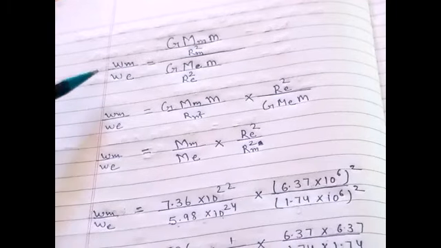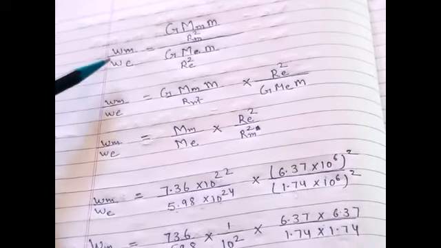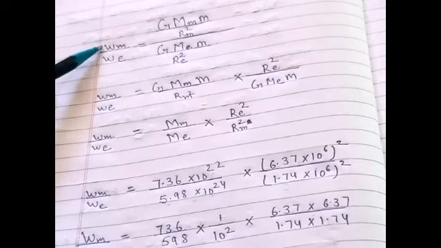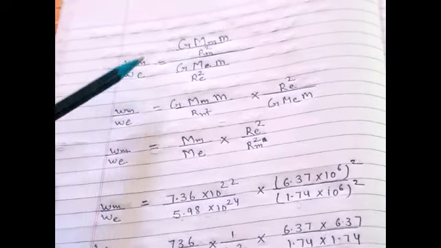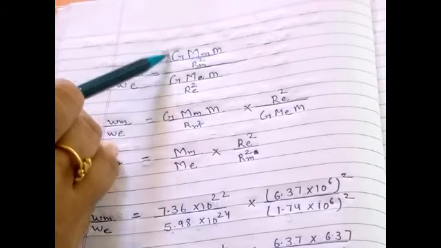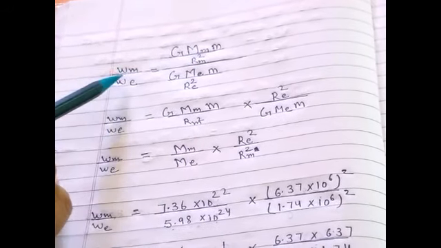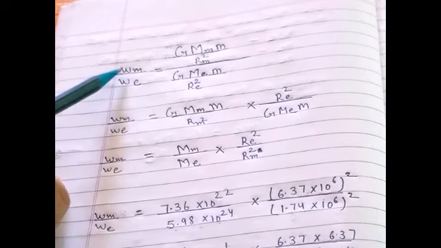Now, we will put all the values in this form. Wm upon We is equal to, this whole part is representing the mass of the object.